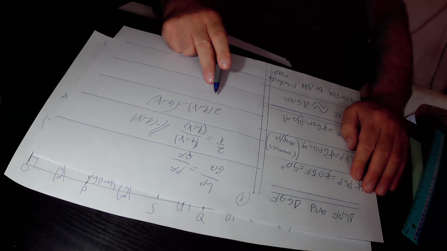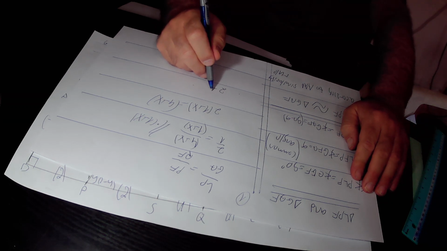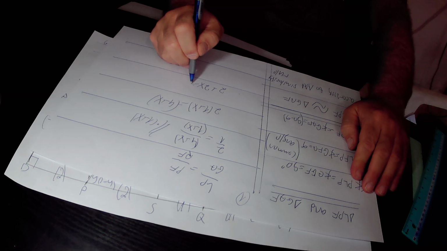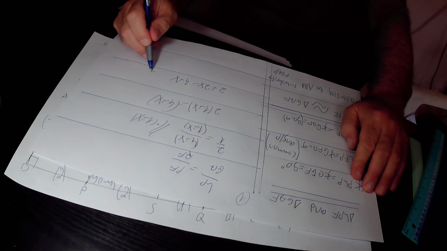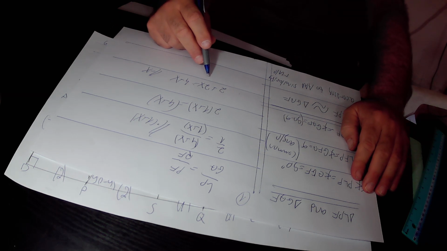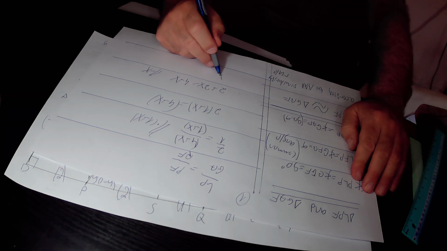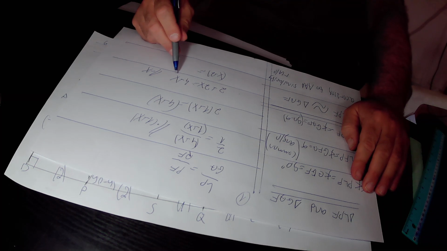So here we open the brackets on this side of the equation, and we get that 2 times 1 is 2, plus 2x, equals 4 plus x. Here we subtract x from this equation, and on this side we have 2x minus x is x, so in total we have x plus 2, that equals 4, since x minus x is 0.